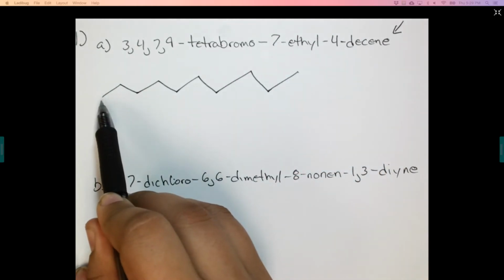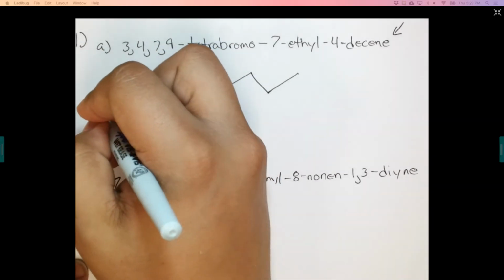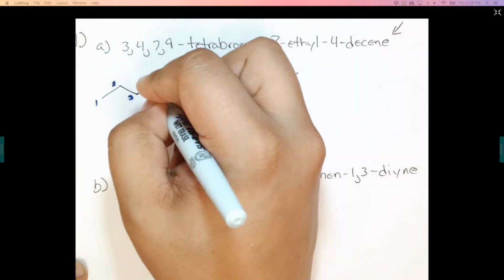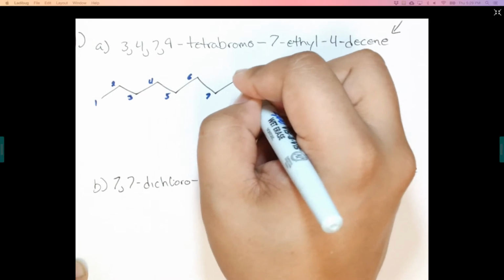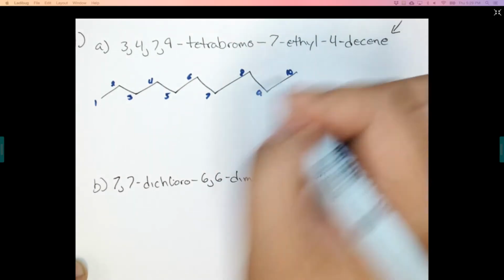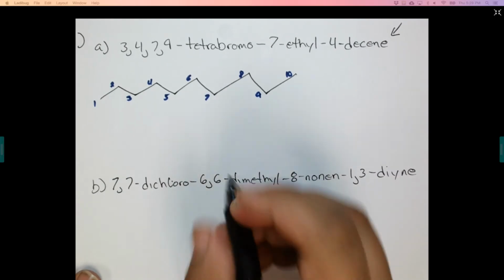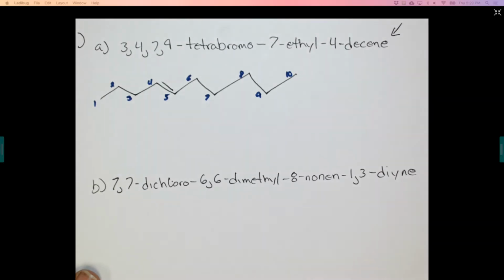Numbering from left to right, 1, 2, 3, 4, 5, 6, 7, 8, 9, 10. We know at 4 that there's a double bond, got that taken care of.